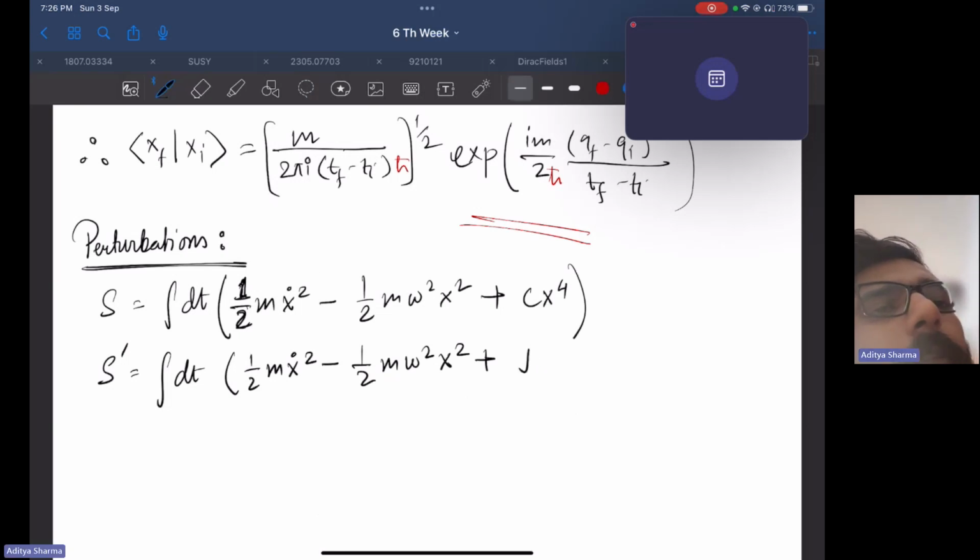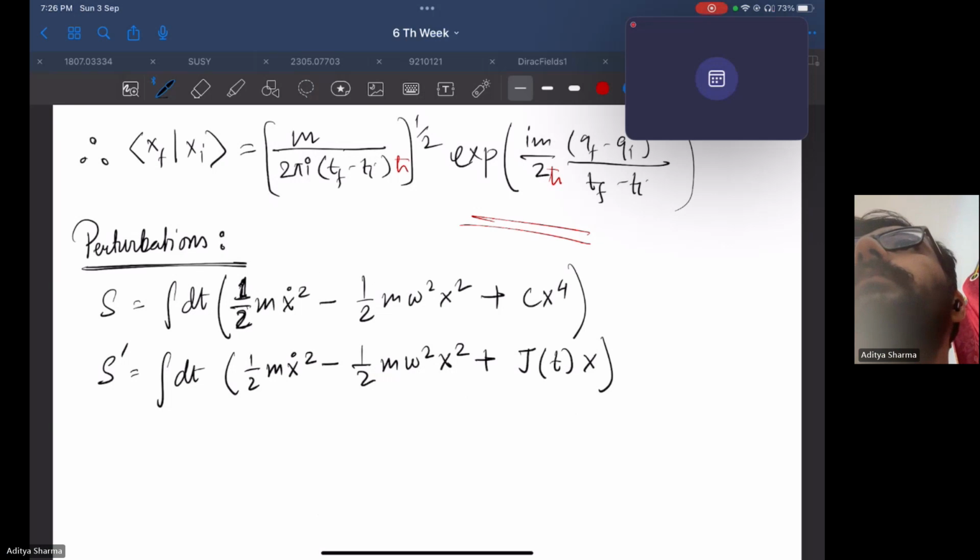We'll not write this, rather we will put the new action, say g of t and x, J of t and x.